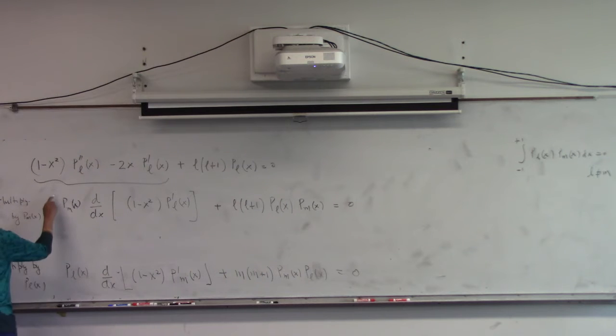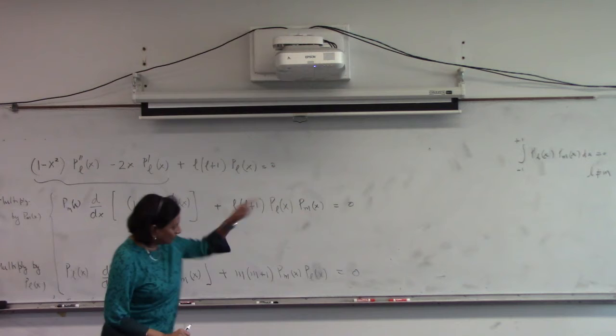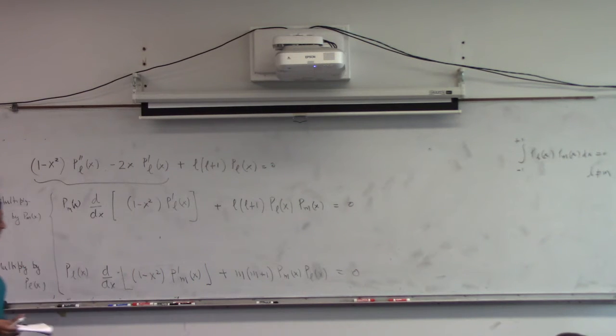Alright, so this is what we have. What else can we do? My goal is that. What other manipulation can I do? Let's just integrate between -1 and +1, and then subtract one equation from the other, or all these things we can try to do.